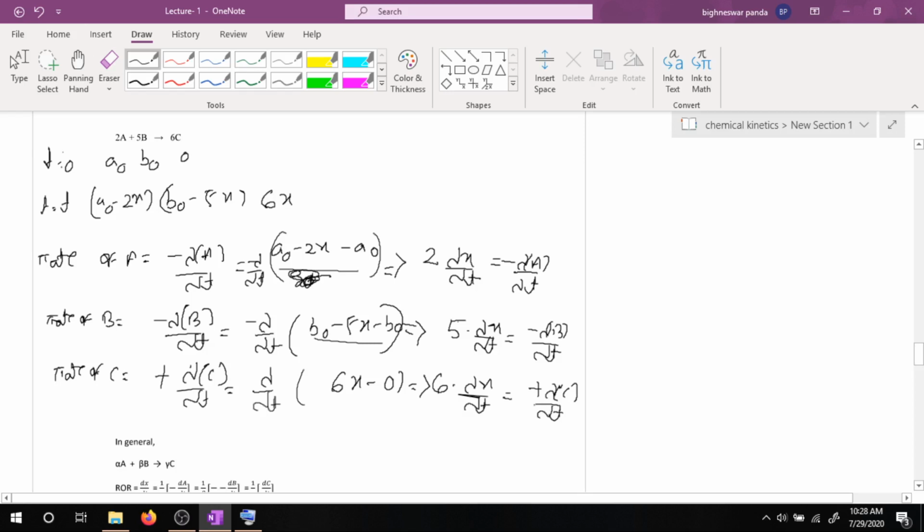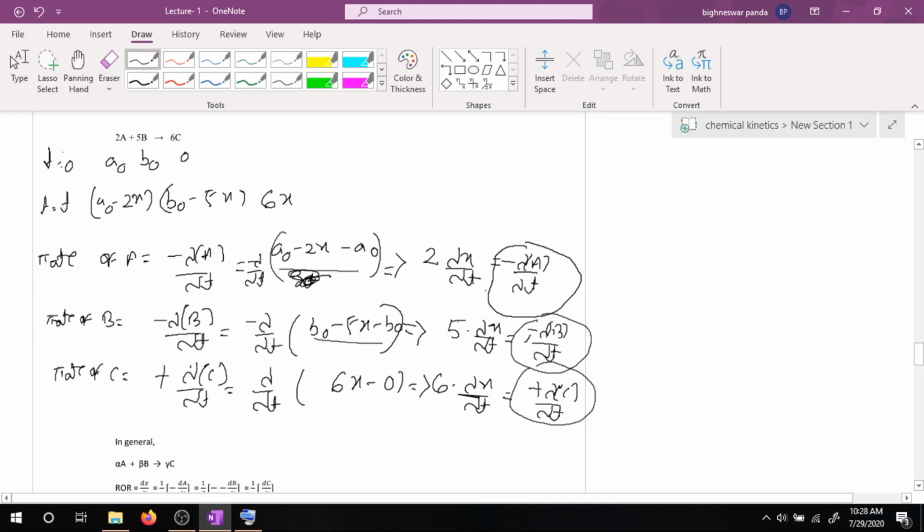This is the rate of consumption of A, this is the rate of consumption of B, and this is the rate of consumption of C. But what we have seen here is that the rate of disappearance or appearance of each individual species is not the same.